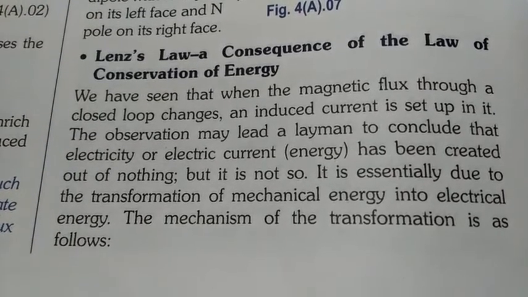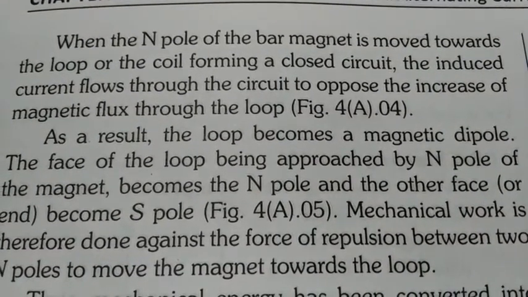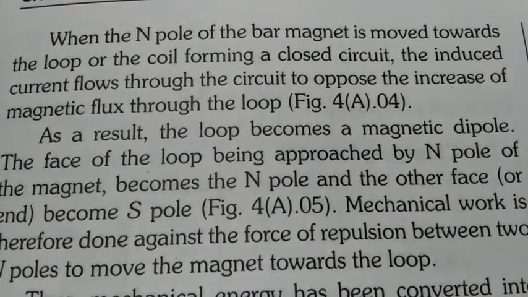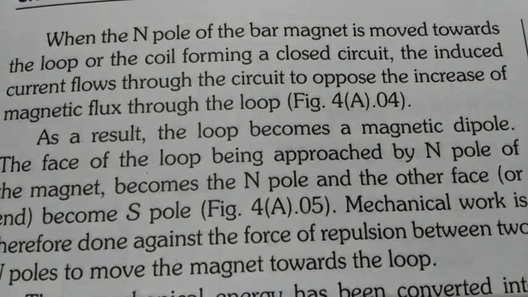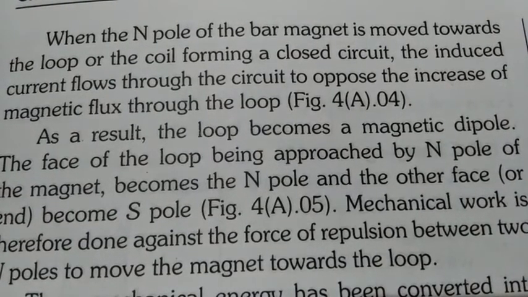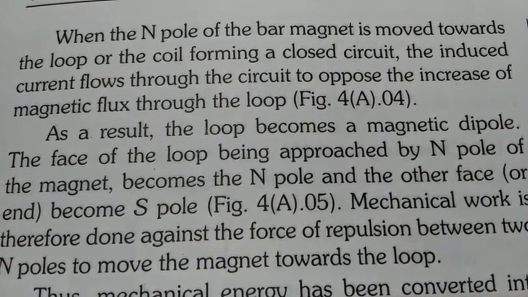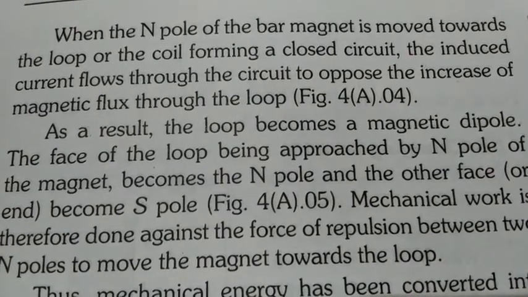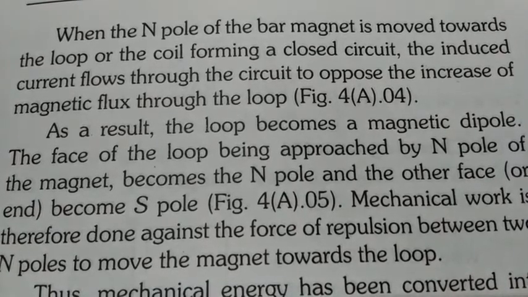The mechanism of the transformation is as follows. When the N pole of the bar magnet is moved towards the loop or the coil forming a closed circuit, the induced current flows through the circuit to oppose the increase of magnetic flux through the loop. So in opposing, they are balancing the energy between them. So we can say that Lenz's law depends on the principle of conservation of energy.